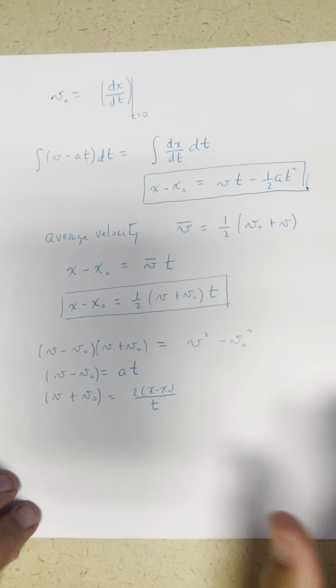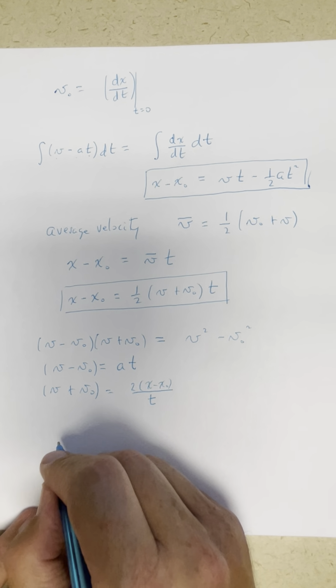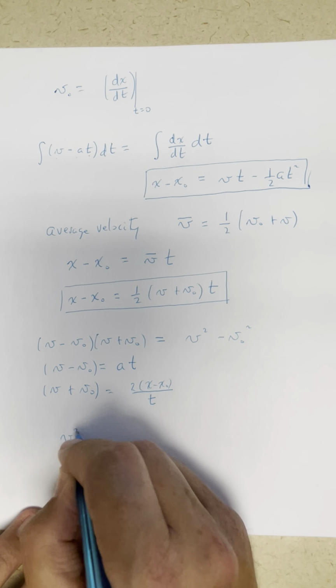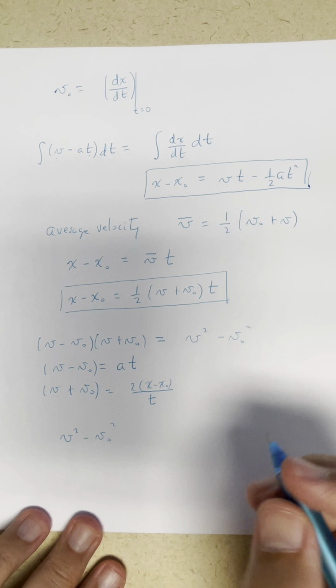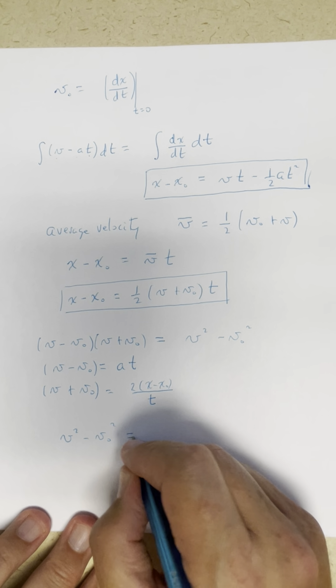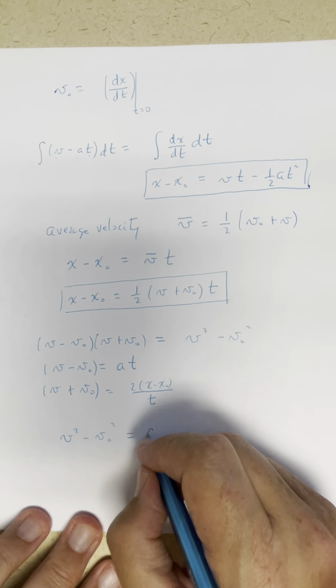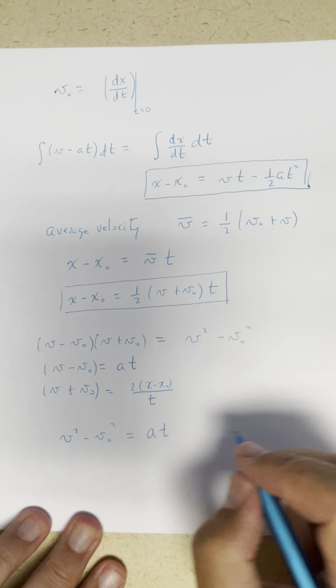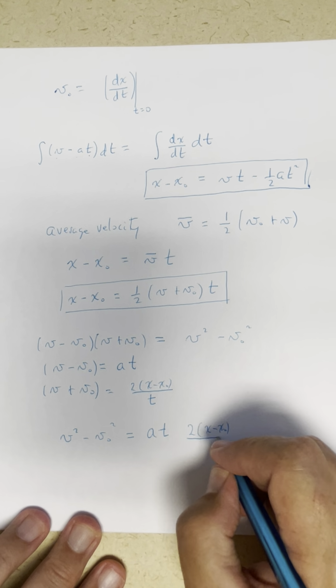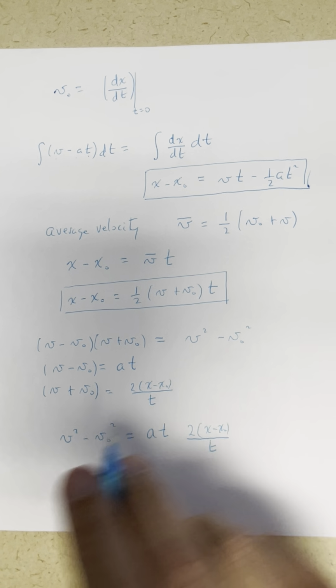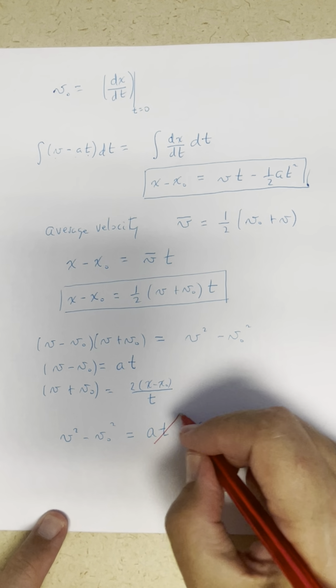So we can set up an equation of kinematics that looks like v squared, final speed squared, minus initial speed squared is going to be a times t times twice the displacement over t, and the t will clearly cancel out.